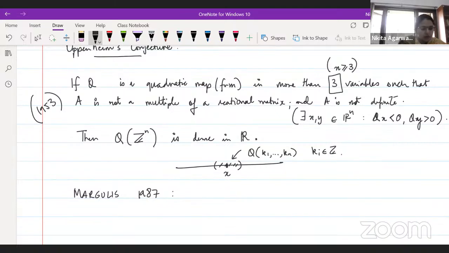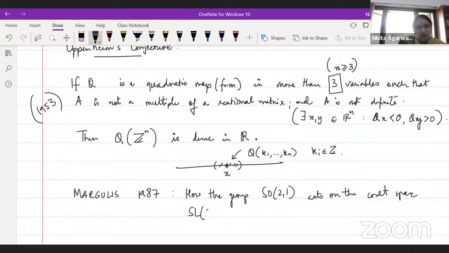In the n equal to 3 case, what he showed is how the group SO(2,1) acts on the coset space SL3(R) mod SL3(Z).